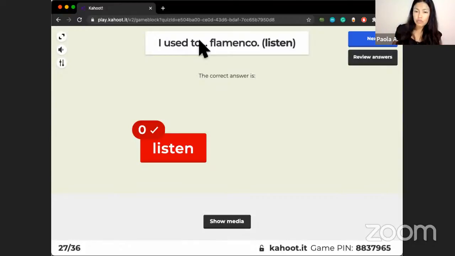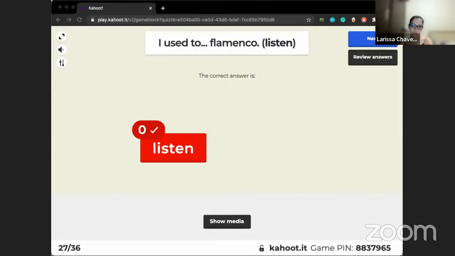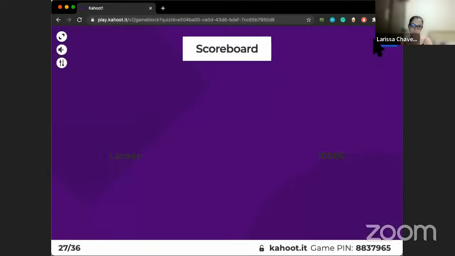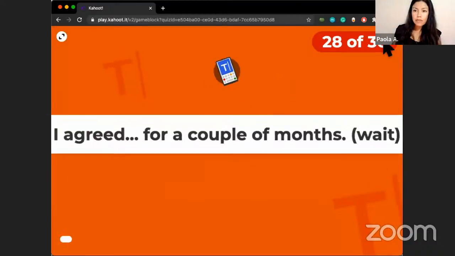Maybe used. No, it's always in the past, but it's always followed by the base form of the verb. It's similar to a modal verb, but just a little bit different. Let's read a sentence, please. I used to listen flamenco. Great. Let's see the next one.